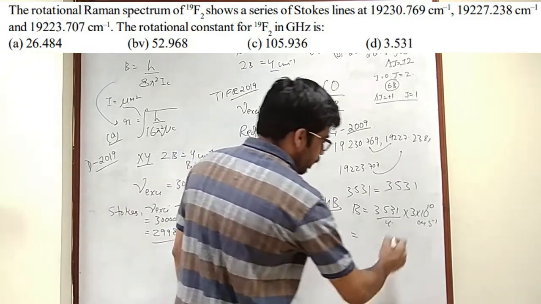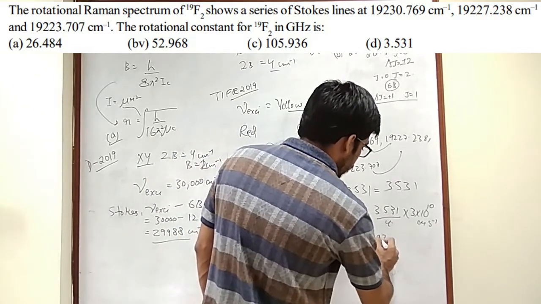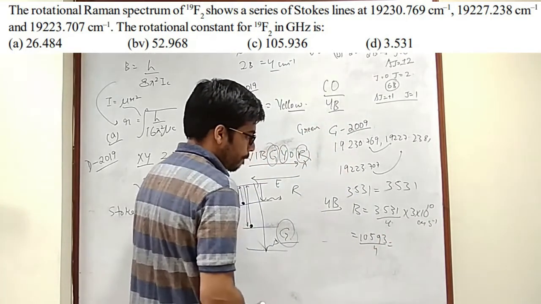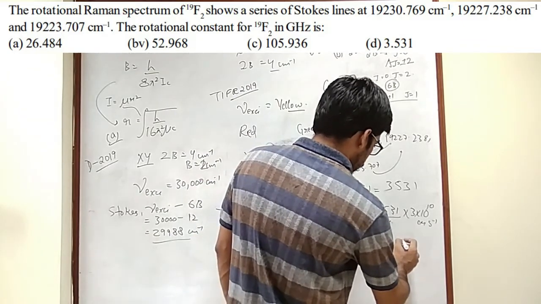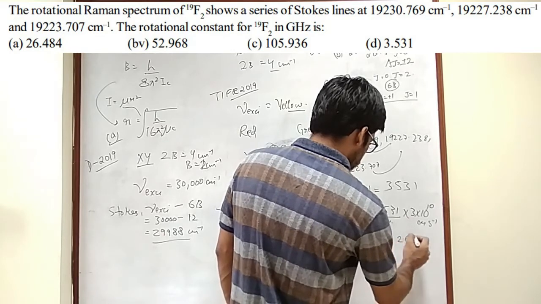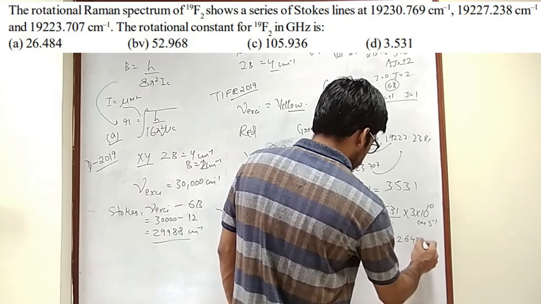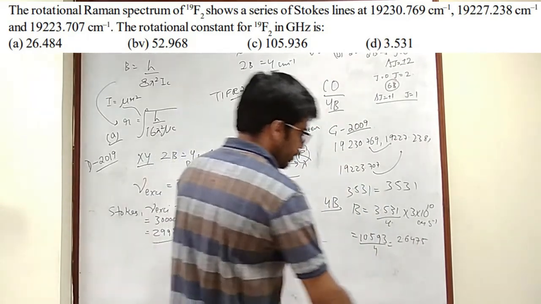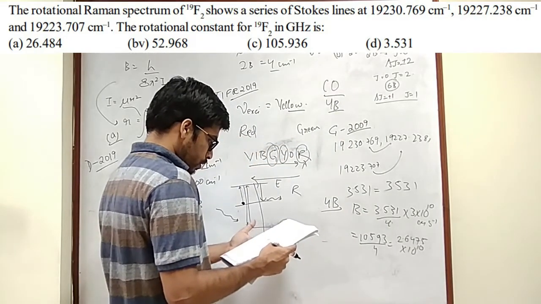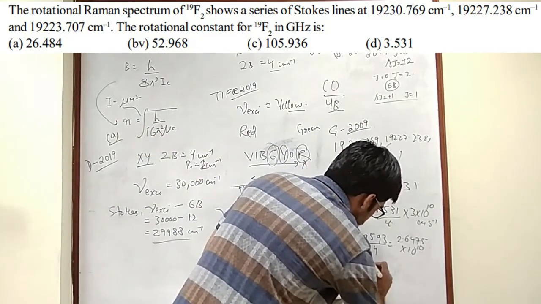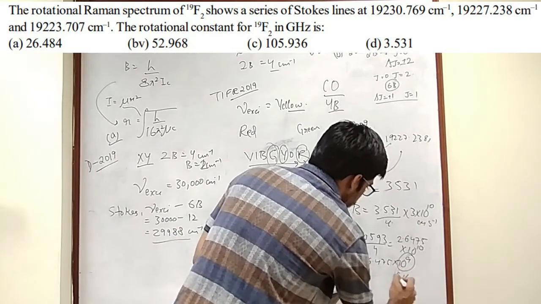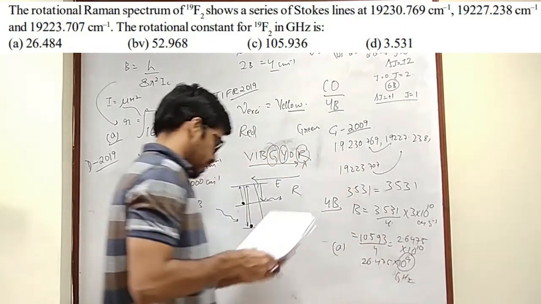This would give you 3 times 3.531 by 4, which would be 2.6475 into 10 power 10, hopefully I am correct here, or according to the options, 26.475 into 10 power 9. This is gigahertz, which is option number A.